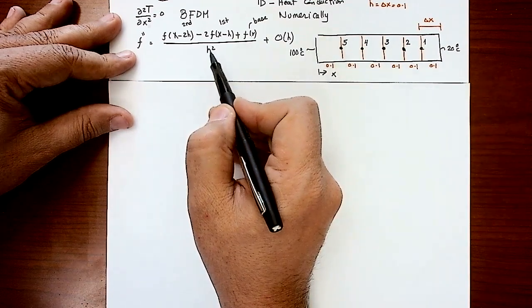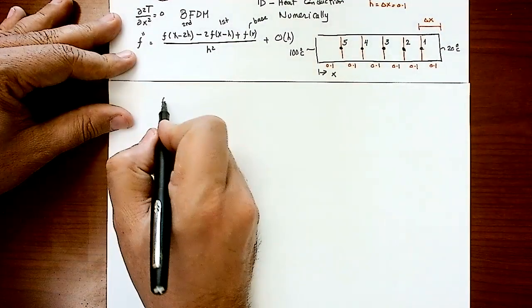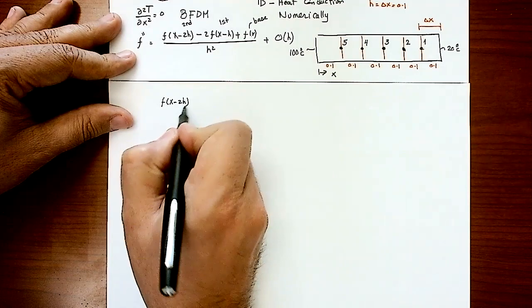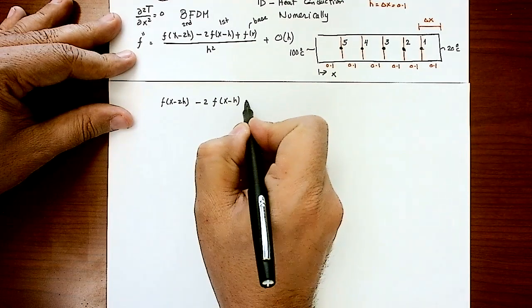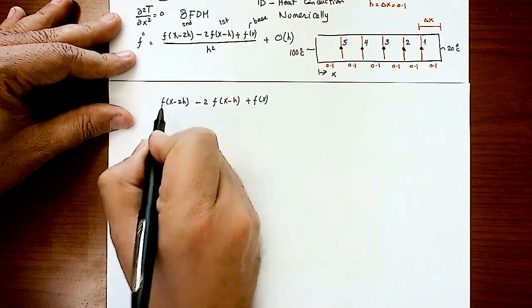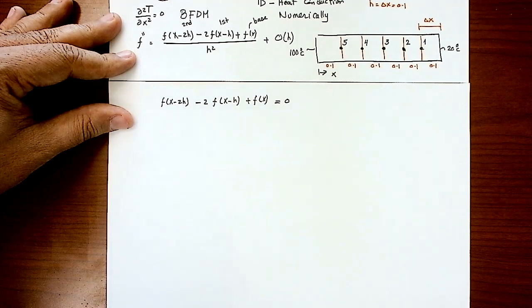But according to this problem, that derivative should equal 0. So f of x minus 2h, minus 2 f of x minus h, plus f of x, divided by h squared should equal 0. So that denominator will go away.